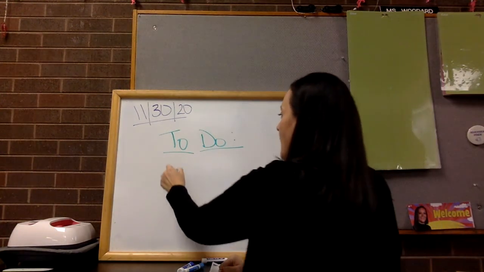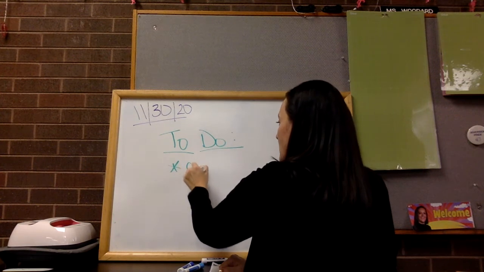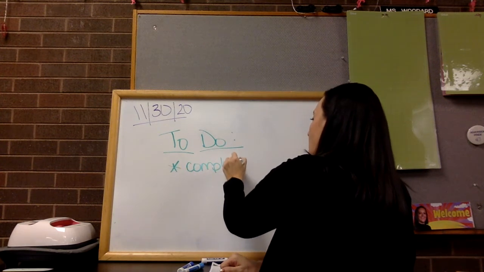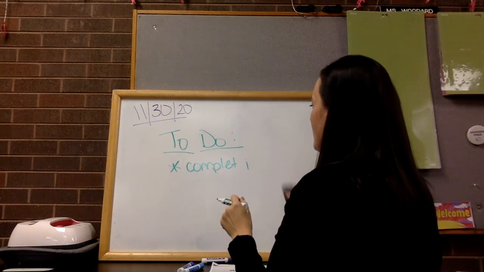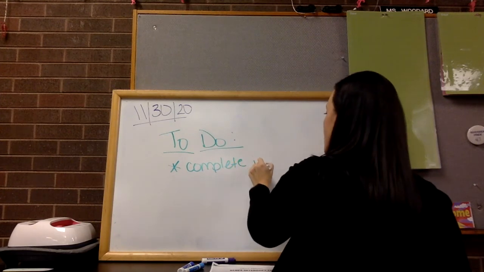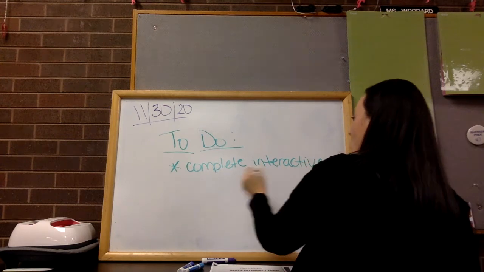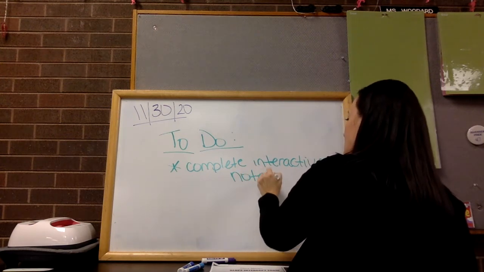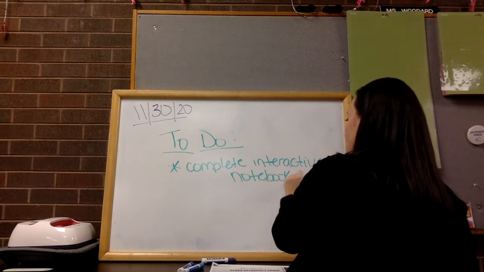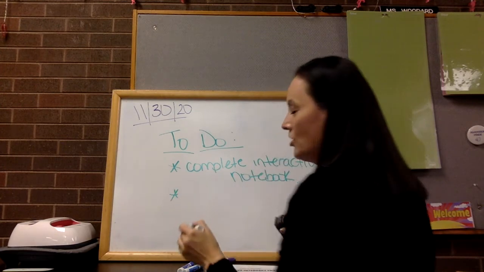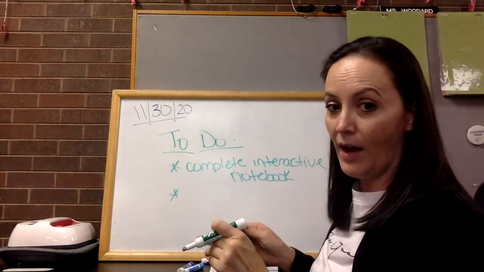So your to-do, I need you guys to complete this interactive notebook. These interactive notebooks are meant to be something that you can go back and view for a quiz or for a test. So you should have these handy, and you should make sure your questions and all of the answers are right.